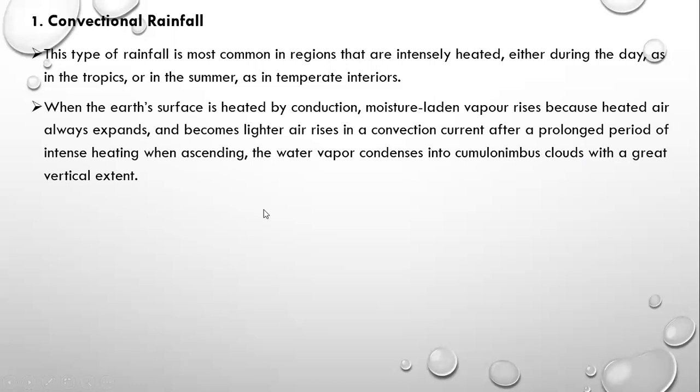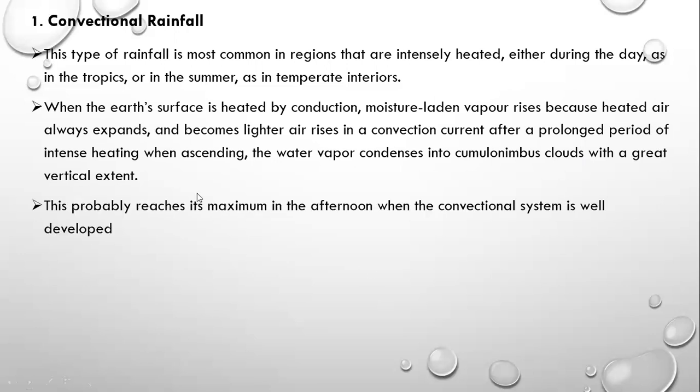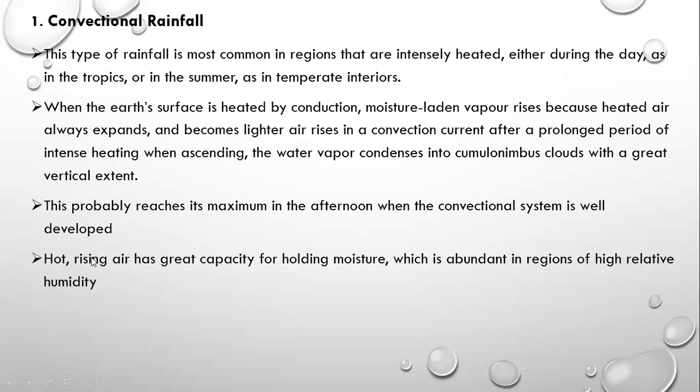So I'm gonna explain this in detail. Now, this probably reaches its maximum in the afternoon when the convectional system is well developed. Hot rising air has great capacity for holding moisture, which is abundant in regions of high relative humidity.